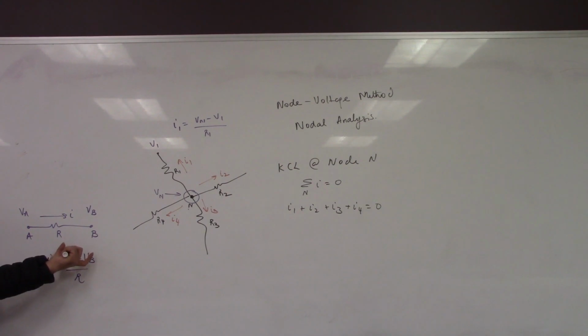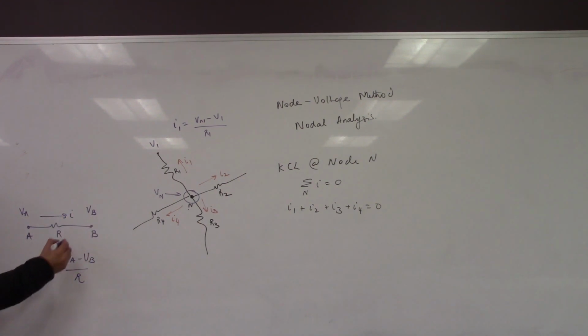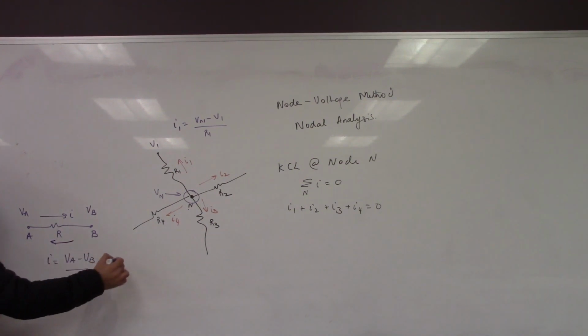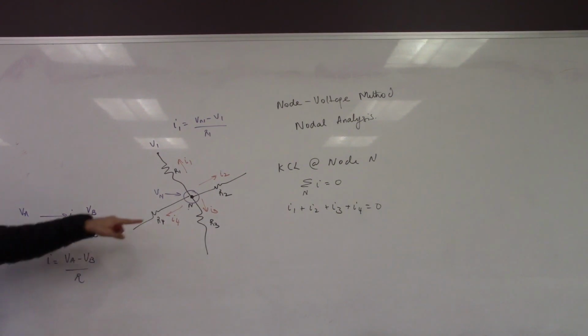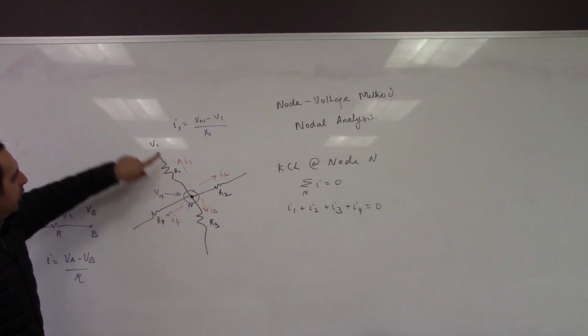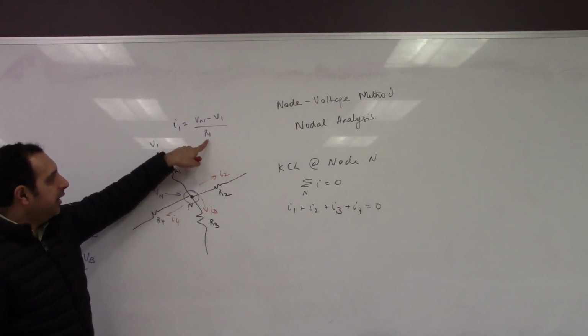If this voltage becomes 0, which means VA equals VB, there is no current. If it happens to be flowing from B to A, then I'll write it as VB minus VA. Whatever is the larger voltage, we write first. Since it's flowing from N to 1, we write it as Vn minus V1 divided by R1.